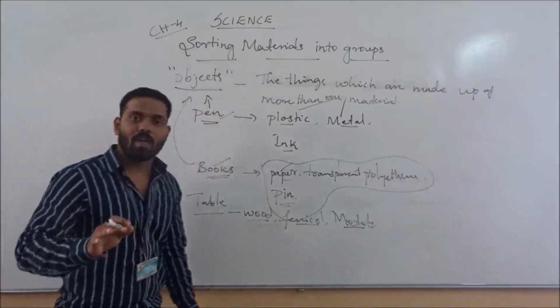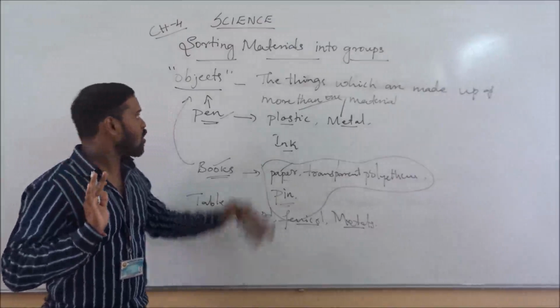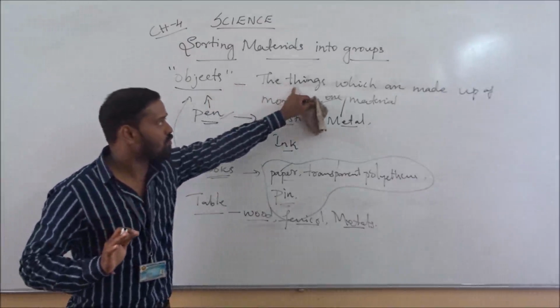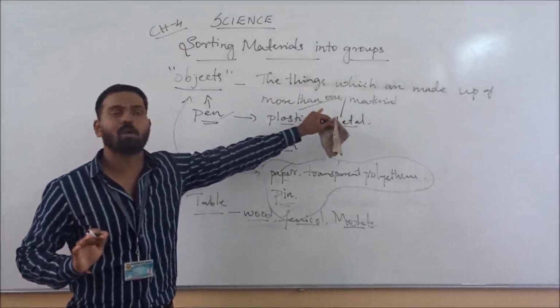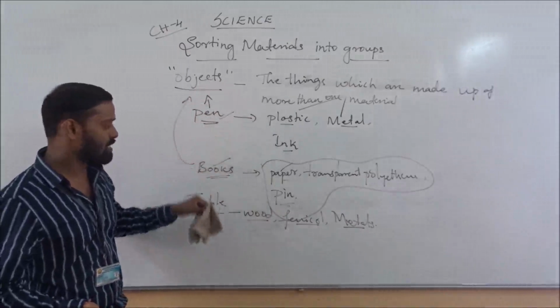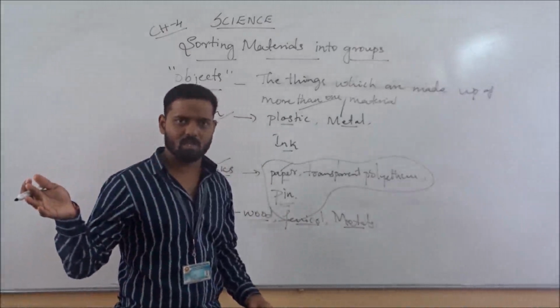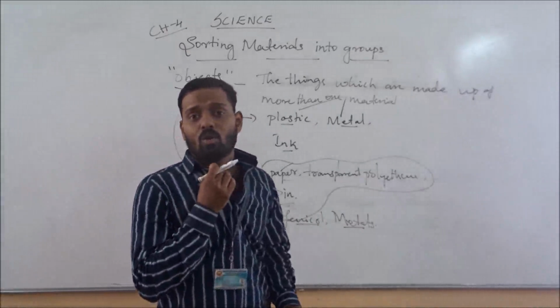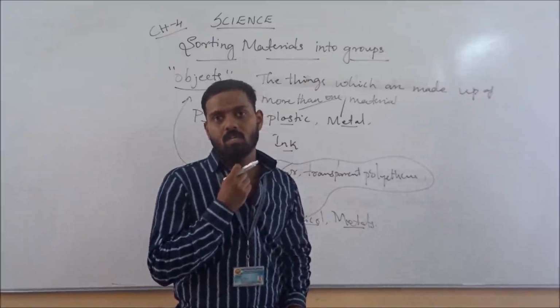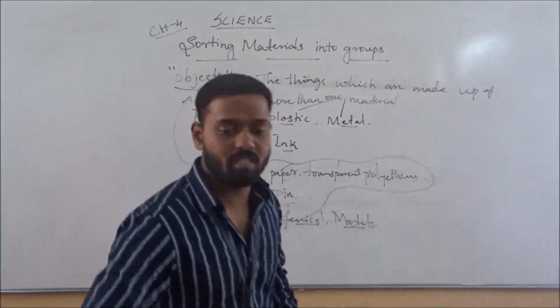I hope everyone understands what an object is. Is it clear? Objects are the things which are made up of more than one material. Such kind of things we can call objects. Pen, books, table, chair, you can give innumerable examples. Even I can say my clock is also an object. You can take this duster.